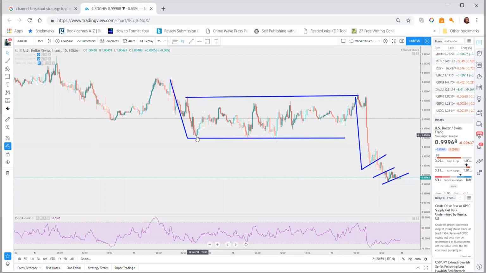You never want to get in at the bottom of a flag. Always get in at the top of a flag so you can try and catch it. So if you had got in when it pulled back this time, then you would have caught this. But yeah, whenever you get in, always put your take profit above your previous fractal where it pushed down. If you had got in way down here, you would have had to put your stop loss way up there.